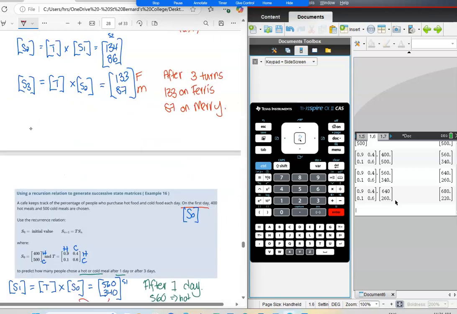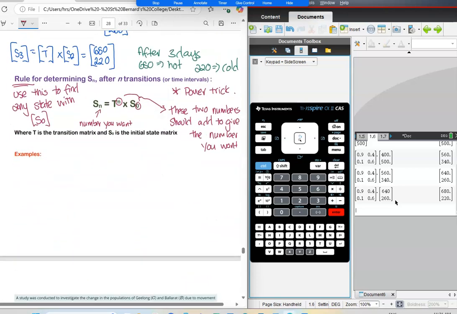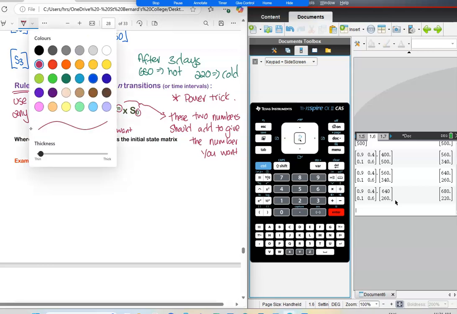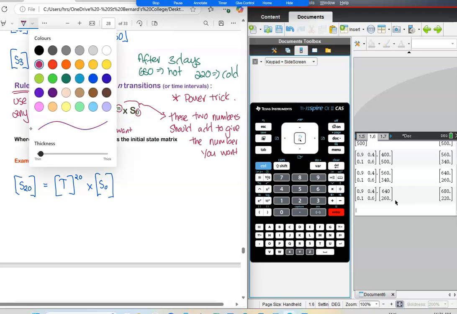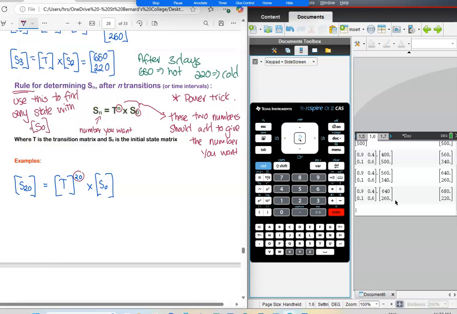So what we mean by that, for example, if I wanted state 20, what I can do is the transition to the power of 20 times state 0. Now, does this number 20 and 0 give this?